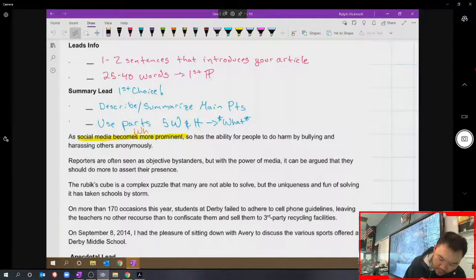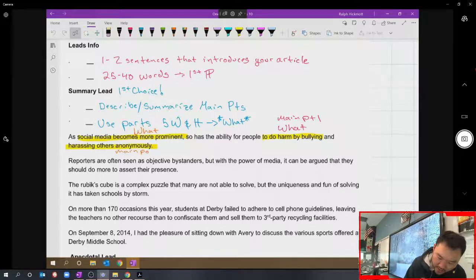It's about social media, and that's our topic. Additionally, this person described or summarized some main points. Obviously, they're talking about harm by bullying. That is a what, and that is actually more specifically a main point, so I'll just label it main point 1. And as you're working through this, a very simple sentence like this also has a main point 2.